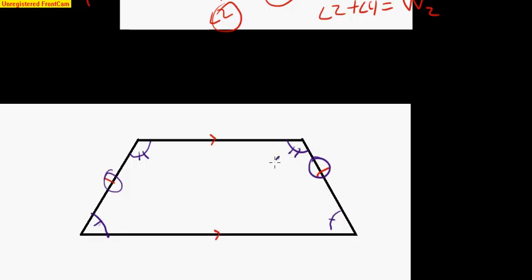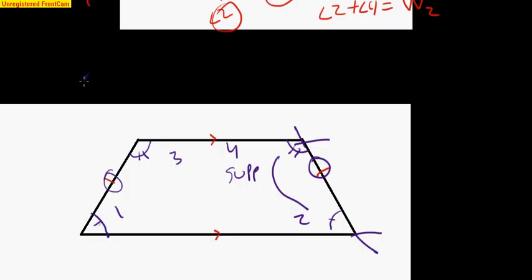Also, these two angles are supplementary. That's because if you extend that line and extend that line, this becomes a transversal, and same side interior angles are supplementary. So some angle plus another angle is equal to 180 degrees. Let's call these 1, 2, 3, and 4.